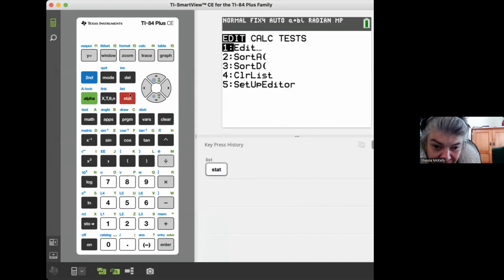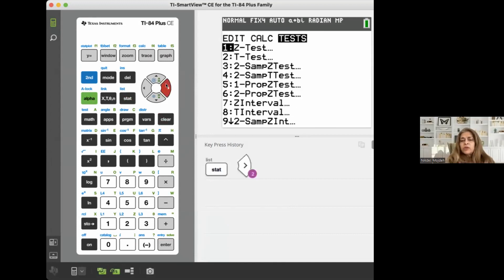Okay, so I click the stat key, I'm on the top row, and I'm going to go to test. When you go to your test menu, at the beginning you have all the tests, 1 through 6 are the tests, and after 7 and on, it starts with intervals. You want 2-PropZInt.